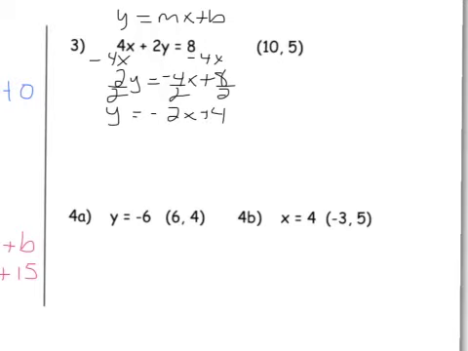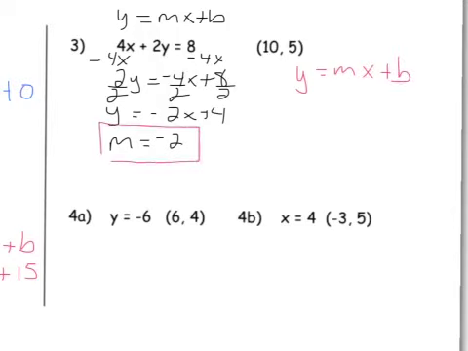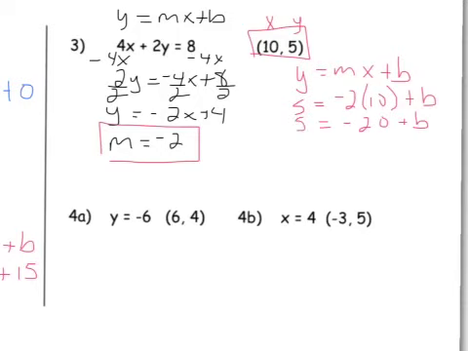Okay, the slope is negative 2, so for our new equation, y equals mx plus b, we're going to use this slope and this point. So the y is 5, and that equals the slope, negative 2, times x, which is 10, plus b. Negative 2 times 10 is negative 20, and that should equal 5.